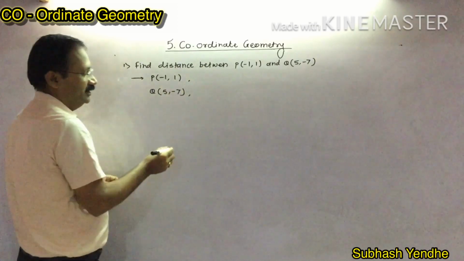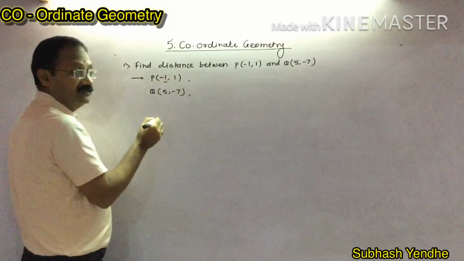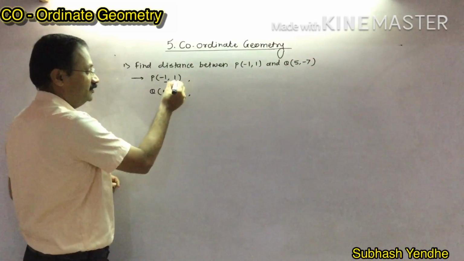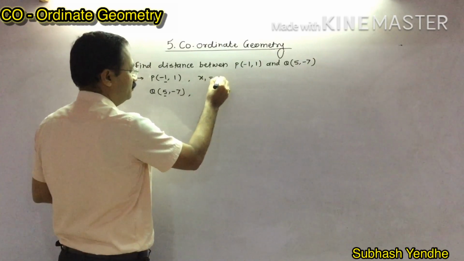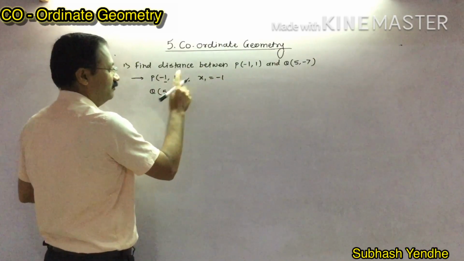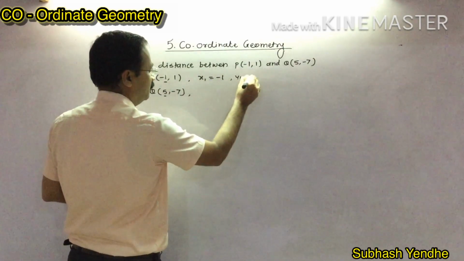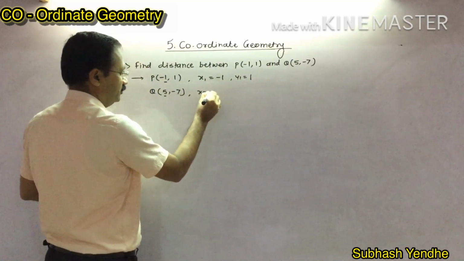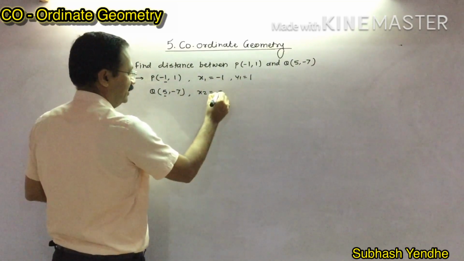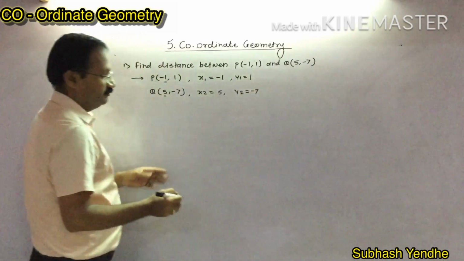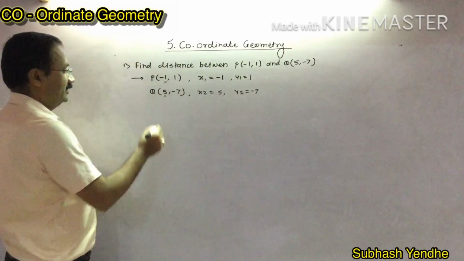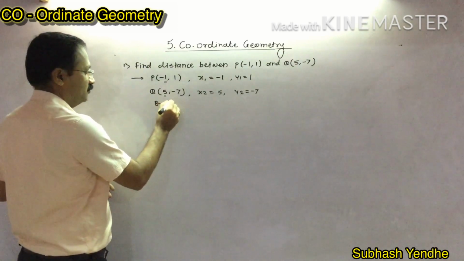I told you that the first coordinate is related to x and the second one is related to y. So x1 equals minus 1 and y1 equals 1. Then x2 equals 5 and y2 equals minus 7. First you have to write it like this and then use the distance formula.